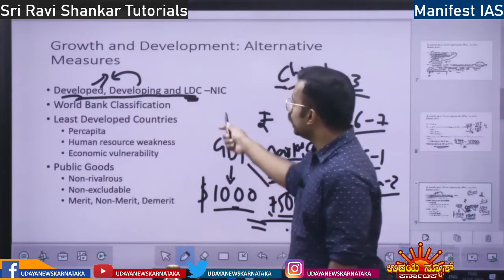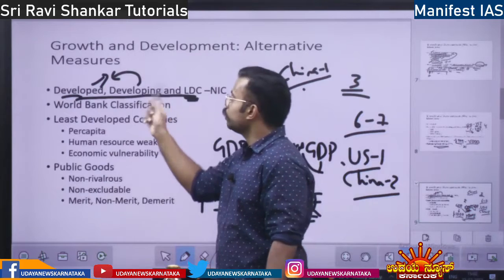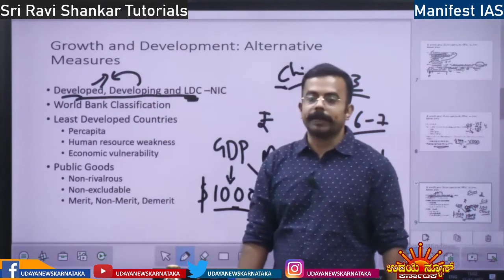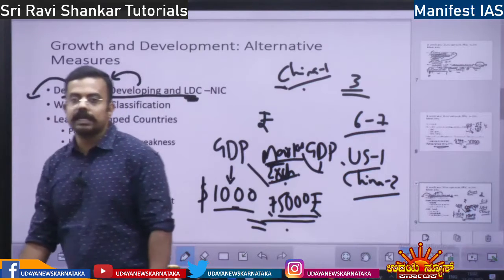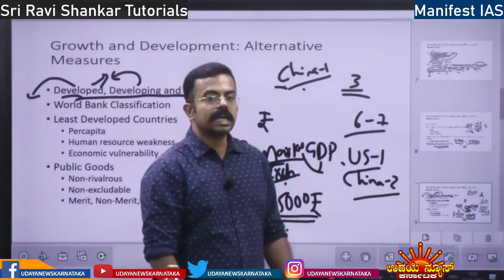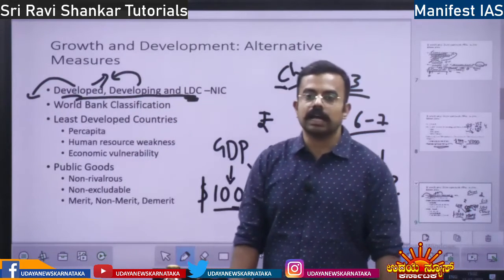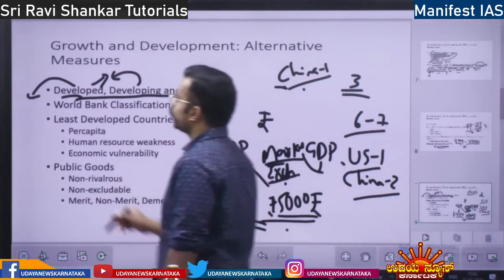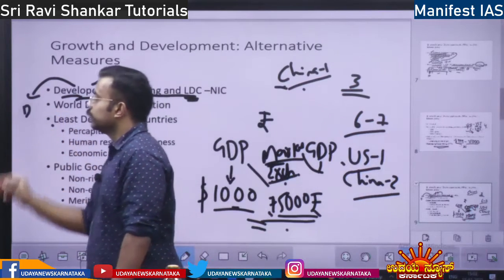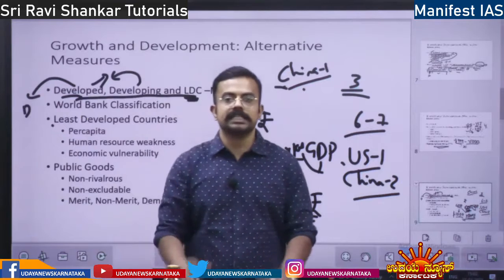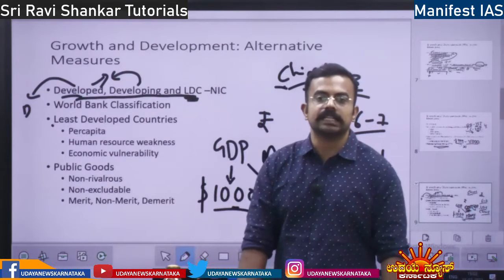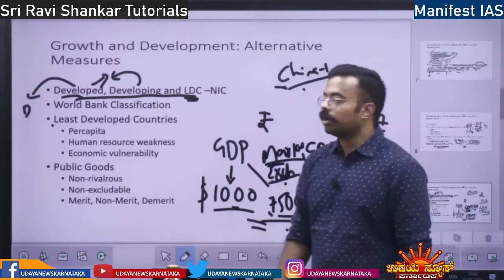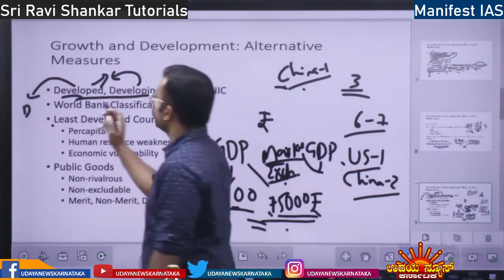All your developed countries, European countries, USA, Japan, Australia, Canada, are already developed. There is proper industrialization, a proper service sector, all facilities are there, and the economy is good.